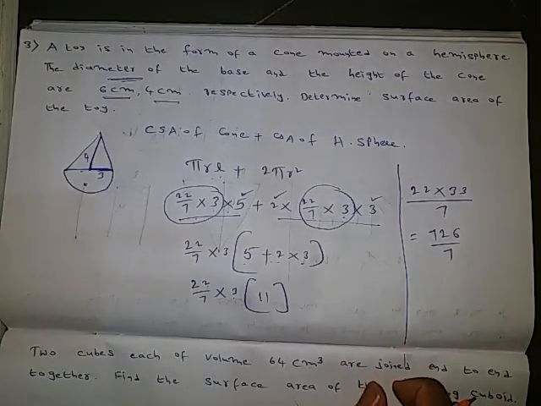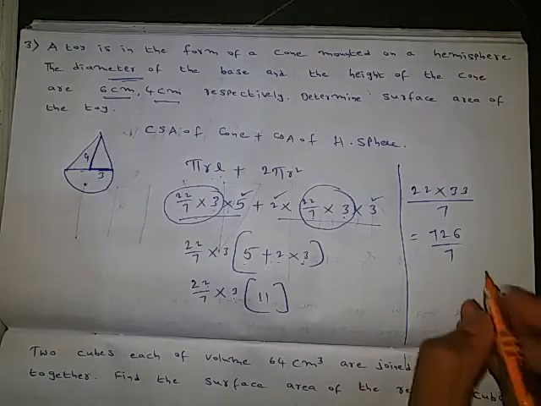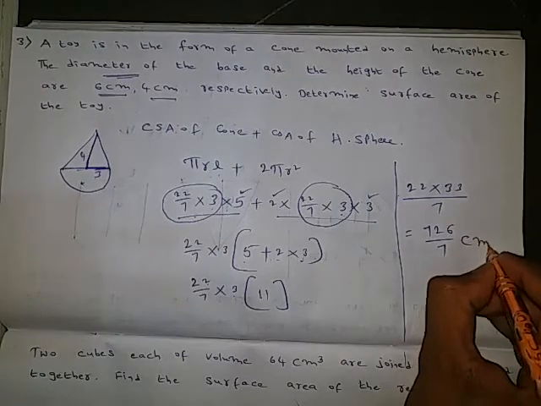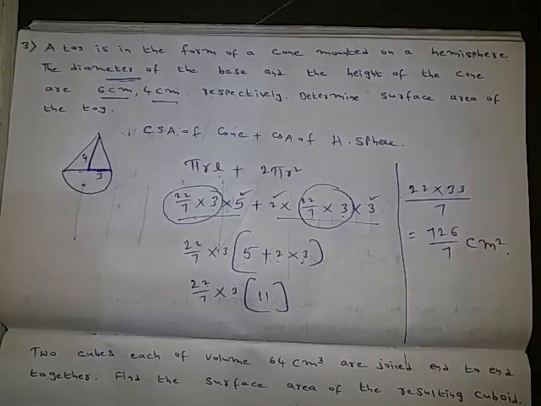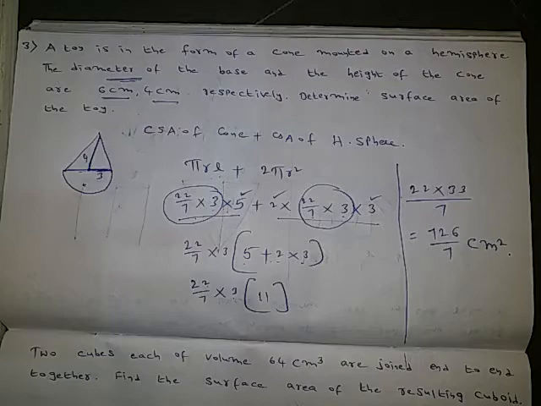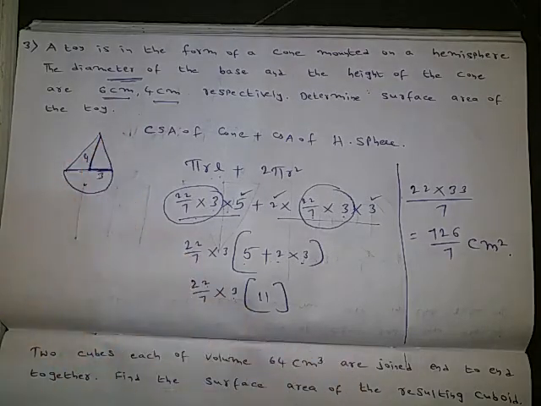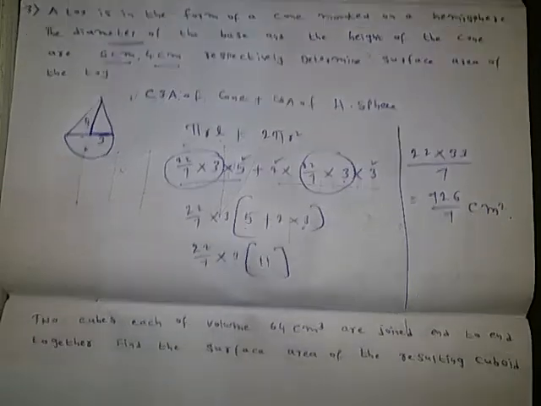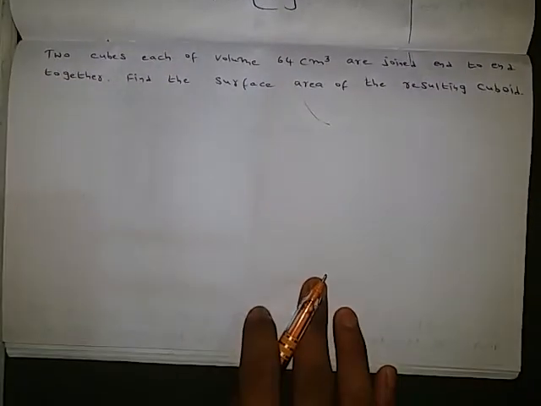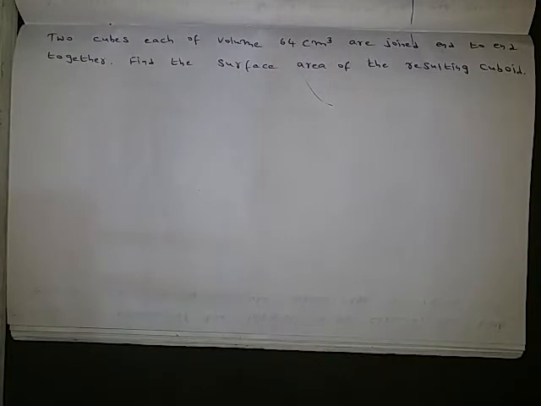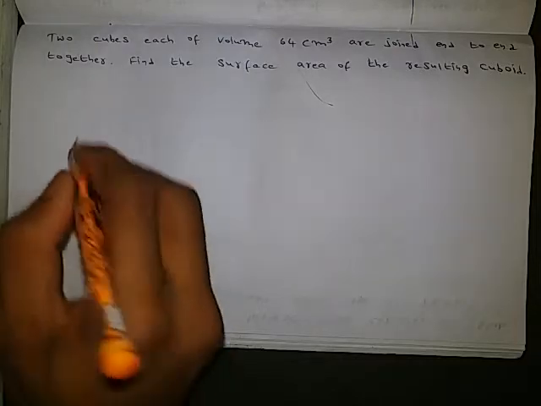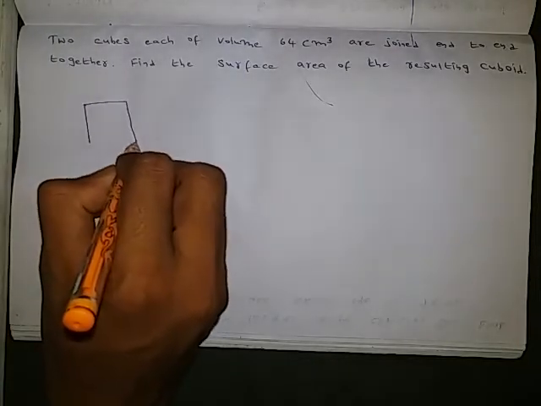We are finding the area and all the measurements are in centimeters, so this will be centimeter squares. Just remember that whenever two figures are joined, we need to find out the curved surface area only. Next, let's move to the next question. 2 cubes each of volume 64 centimeter cube. We have 2 cubes.